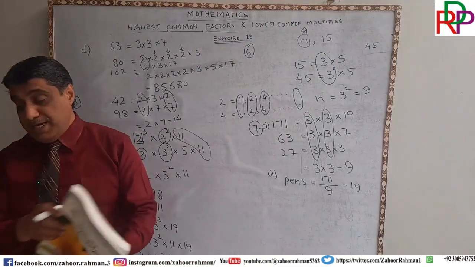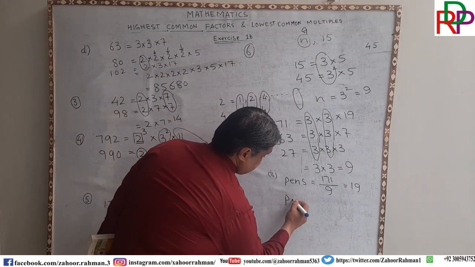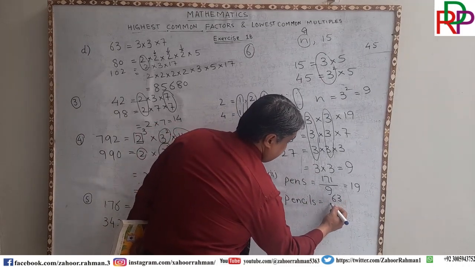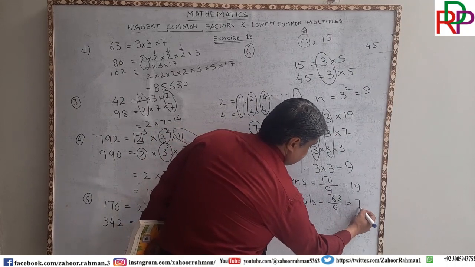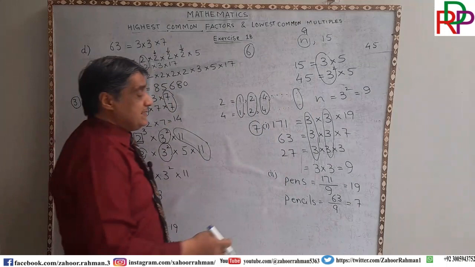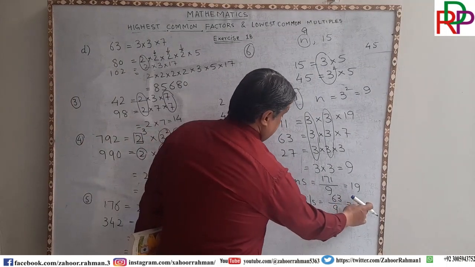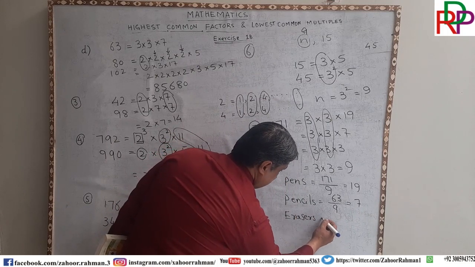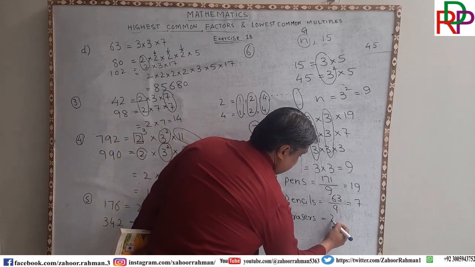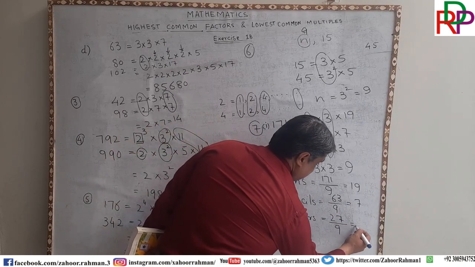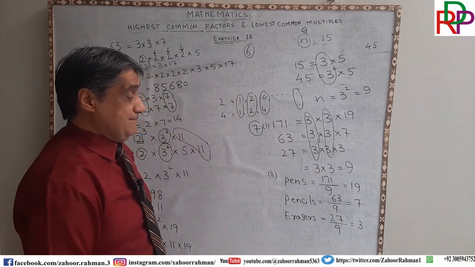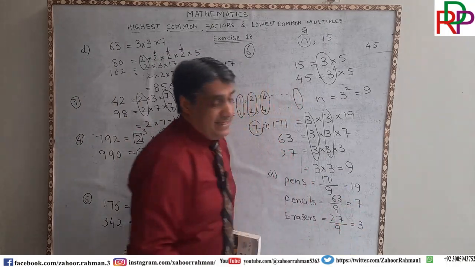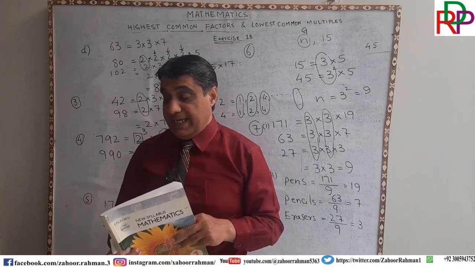Now, the number of pencils. The total pencils are 63, divided by 9, so 7 pencils must be in one pack. 19 pens, 7 pencils, and now the erasers. There are 27 erasers, divided by 9, so 3 erasers. Now you can see that it is 19, 7 and 3.